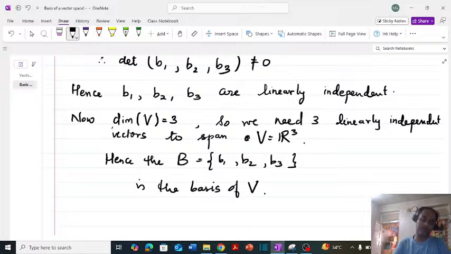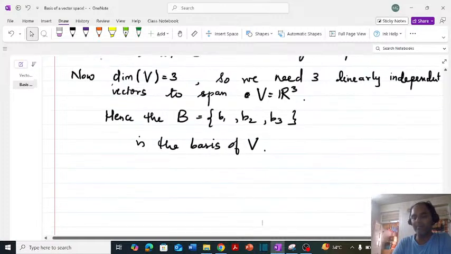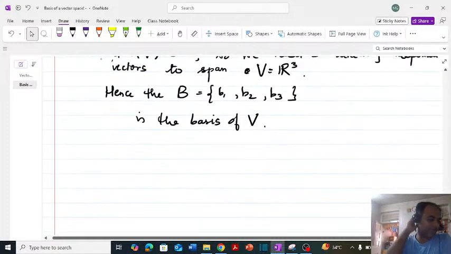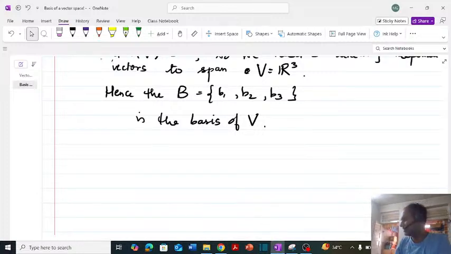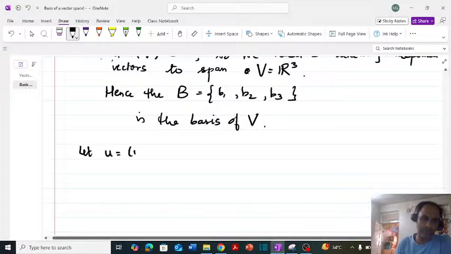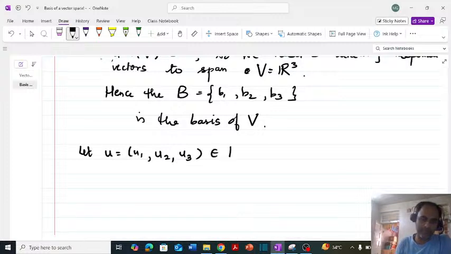The span is a different thing, but what it means is to show that all vectors can be written as a linear combination of these three vectors. If you do not do too much of excavation, that's okay, but this you can write. For span, let u equal to (u1, u2, u3) belong to R3.